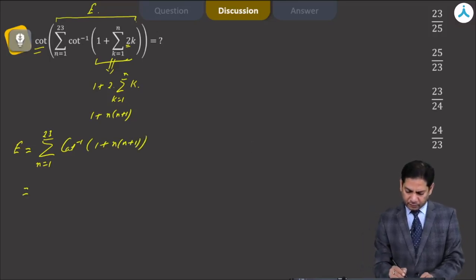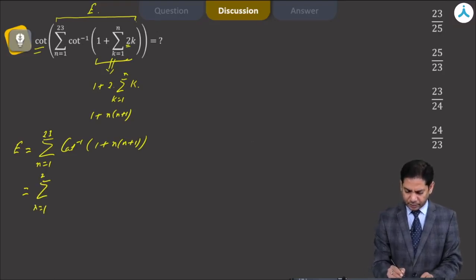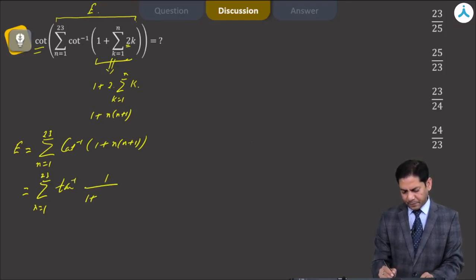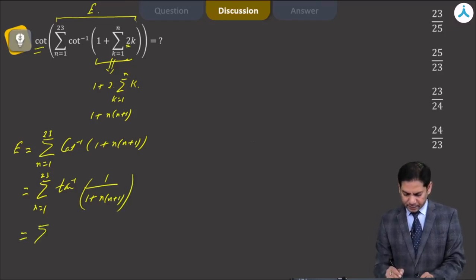Now this cot inverse can be written as tan inverse. Summation is from 1 to 23, so we write it as tan inverse 1 upon 1 plus n into n plus 1. We further manipulate it as summation for n is equal to 1 to 23 of tan inverse.